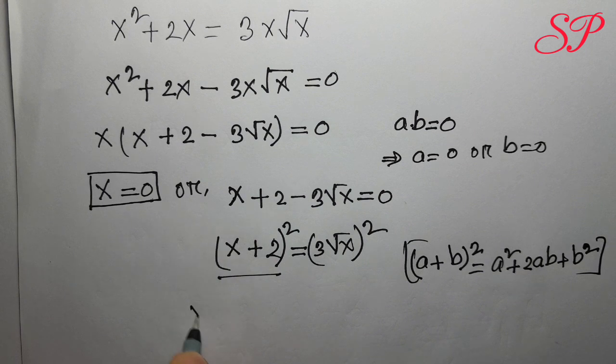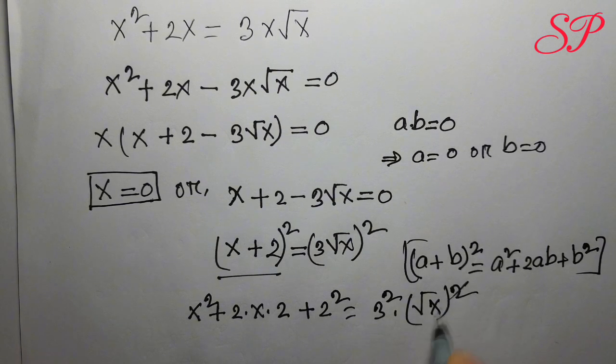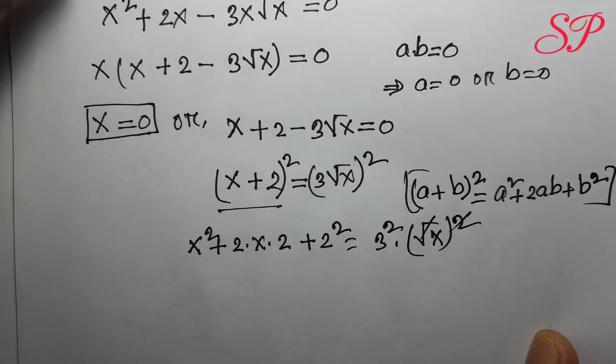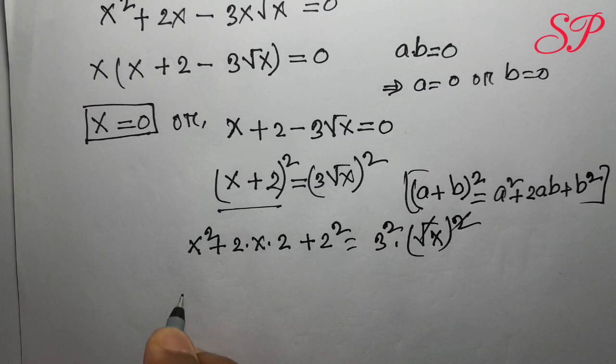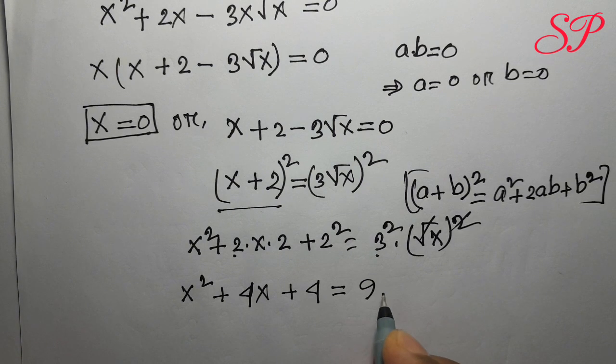So we can write x square plus 2 times x times 2 plus 2 square, and on the right side, root x whole square, the square and root cancel. So we can write x square plus 4x plus 4 is equal to 3 square, which is 9, times x.